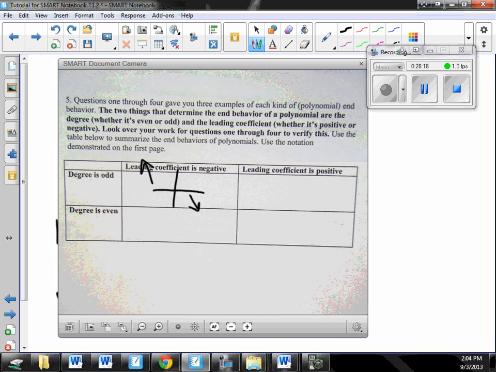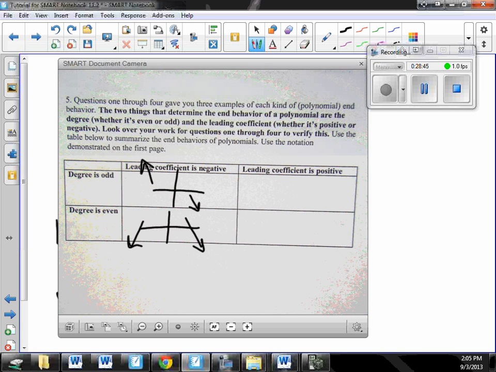Okay? If the degree is even and the leading coefficient is negative, what is the end behavior going to look like? They're both going to be down. So it would be something like this. I don't know what's going to happen in the middle, but I know eventually it's going to be down and down.